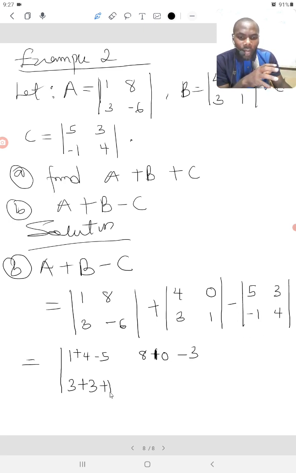That is plus 1. 3 plus 3, sorry. 3 plus 3 minus 4. It is minus 4. No, 3 plus 3 minus 1. That is plus 1. So the second one is minus 6 plus 1 minus 4.